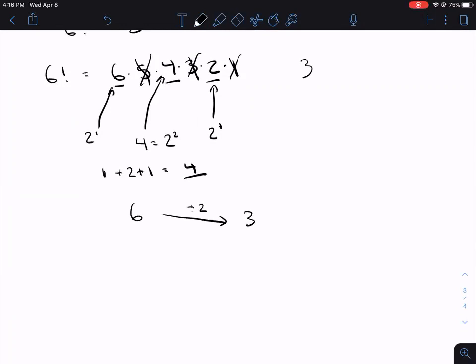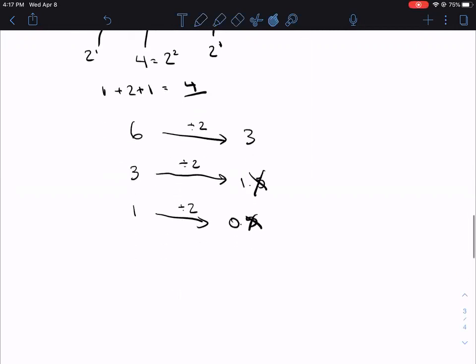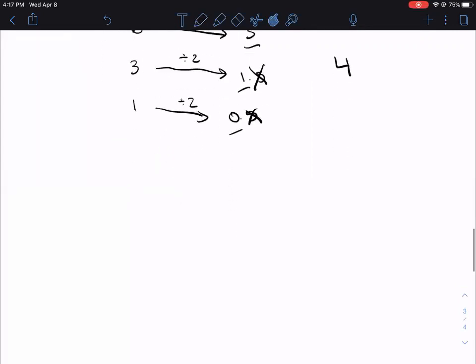And we divide by 2 again and we get 1.5. However, now we just ignore the 0.5. So we have 1. Then we divide by 2 one more time. So this is 0. And after that, all of the values are going to be 0. So now we just add these up. And we get 4.